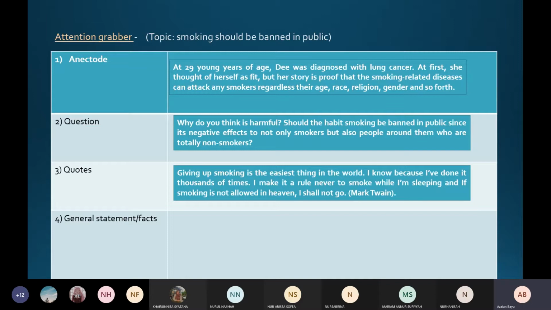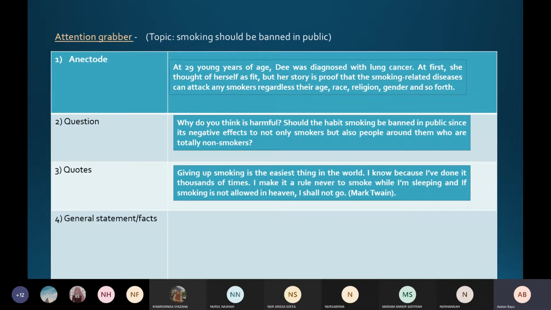Boleh Google about smoking. Quote about smoking. Alright, giving up smoking is the easiest thing in the world. I know because I've done it thousands of times. I make it a rule never to smoke while I'm sleeping, and if smoking is not allowed in heaven, I should not go. Okay, Mark Twain. Mark Twain ni salah seorang author of the novel ataupun poem.